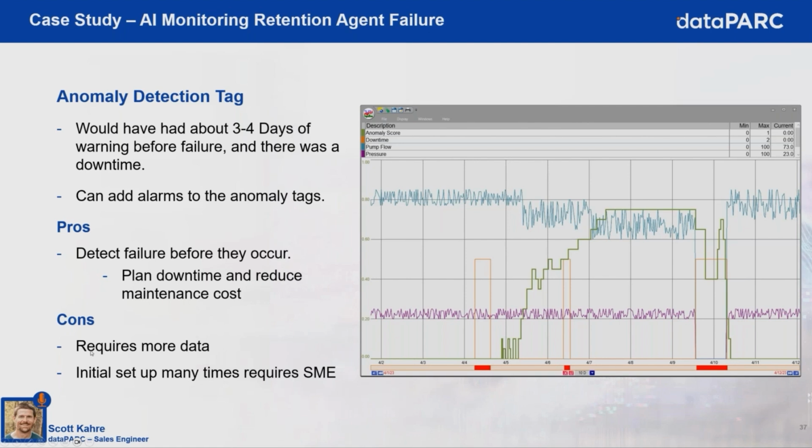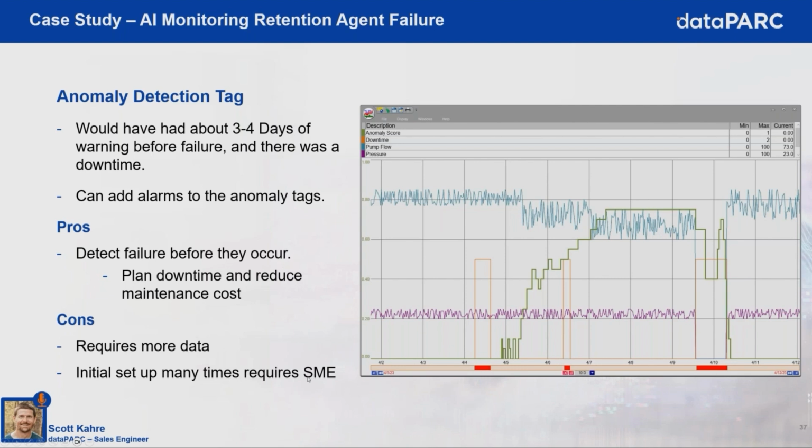Of course, the cons of a full-blown AI model is it requires a lot of data. So you're going to need to interface with that system a lot of data. And as with all the rest of these methods, it's going to require someone with subject matter expertise to set up the model.